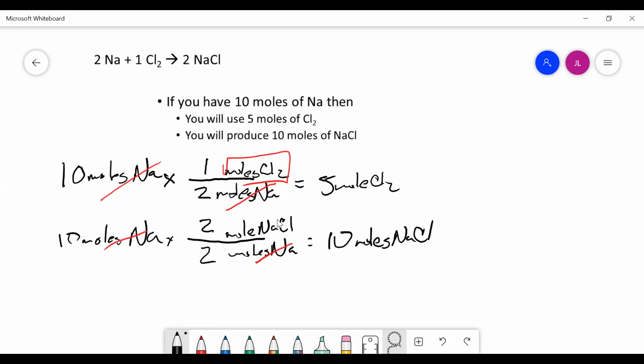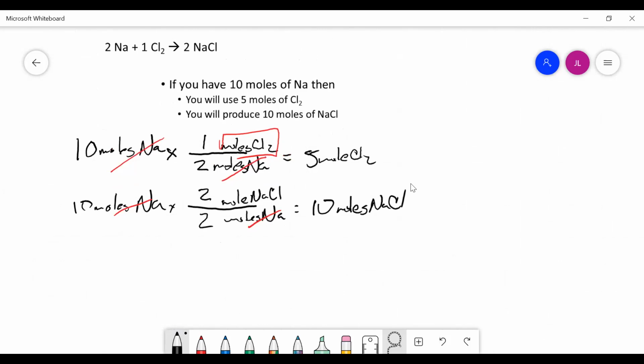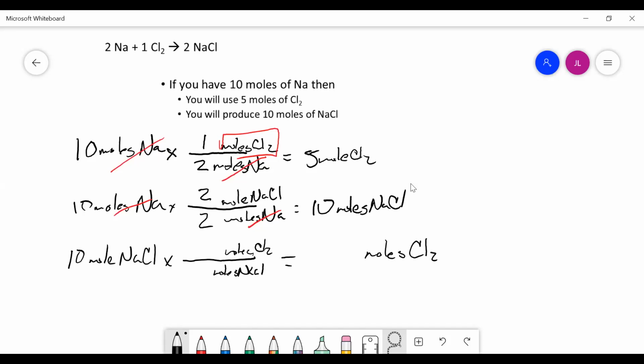It would be the same thing if I said, you produce 10 moles of sodium chloride in this reaction. How much chlorine did you use? So we would be starting with 10 moles of NaCl. If we are trying to get to moles chlorine, we know we're going to have moles NaCl on the bottom and moles chlorine on top, because we want these to cancel out.